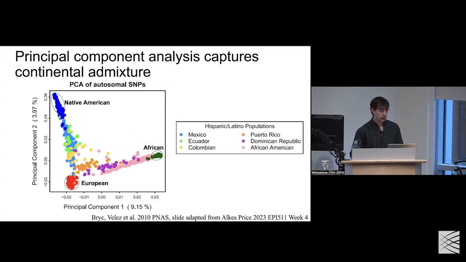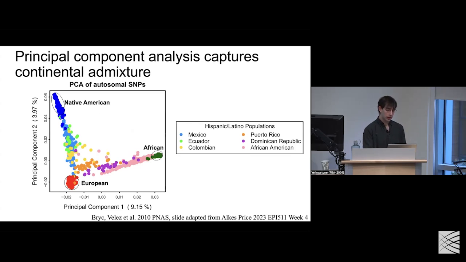And so interestingly, principal component analysis can also capture continental admixture. And so here, in this figure, the authors have concatenated Native American, European, and African ancestry data sets with genotypes from Hispanic and Latino individuals, as well as African American individuals. And so what we can see here is that many of these populations occupy distinct regions of this plot.